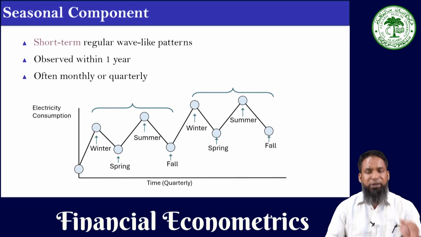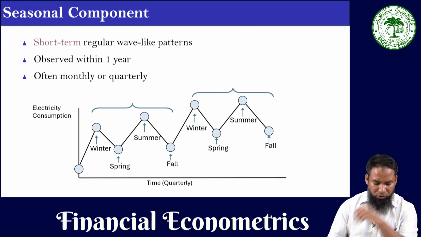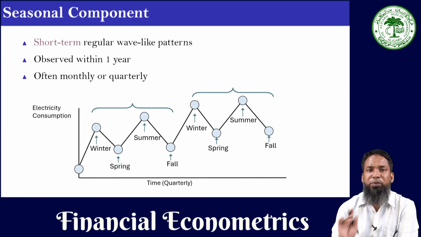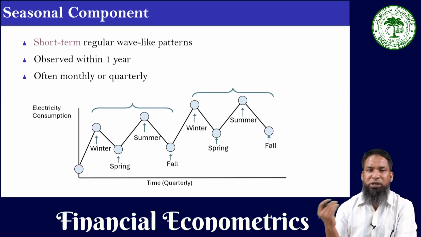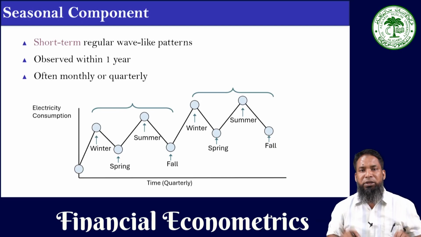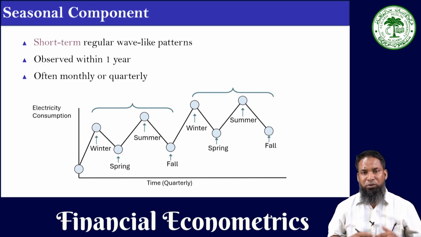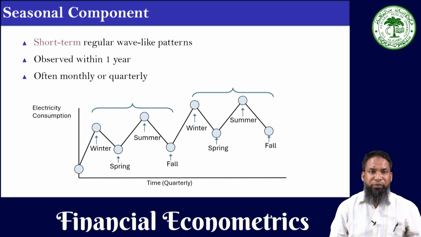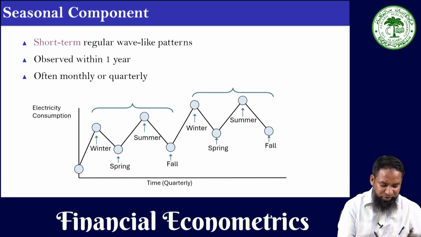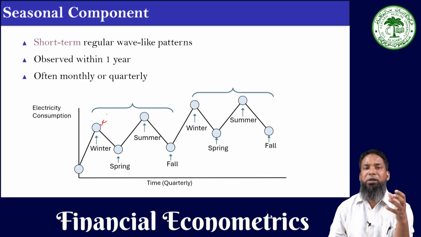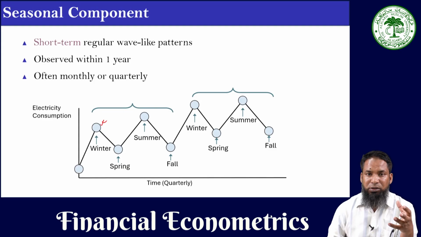For example, let us take electricity consumption. Yes, over the years it may increase as the population increases, as family members increase, as the income of people increases, and so the electronic gadgets and items we use increase. However, there will be a certain pattern. In the winter it will be higher because we need electricity for heating water.